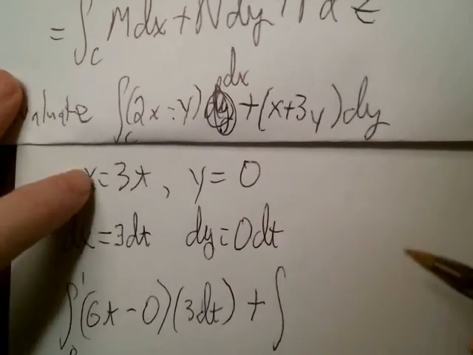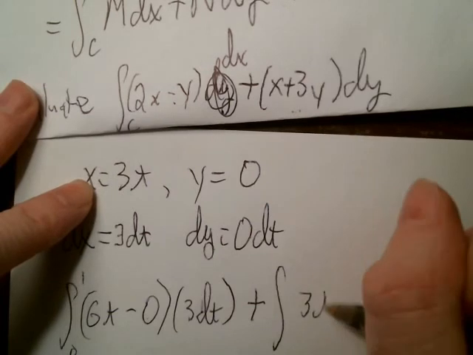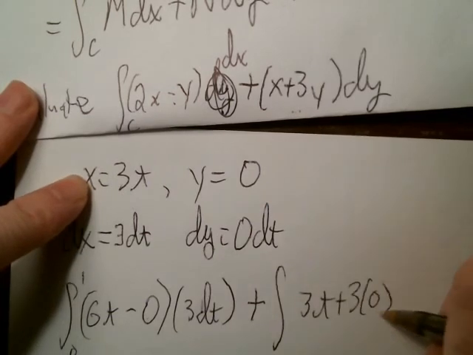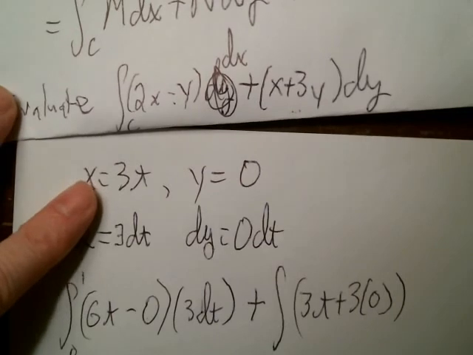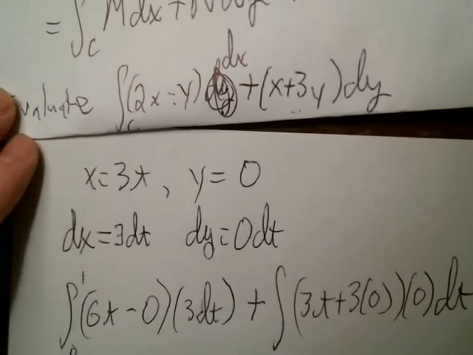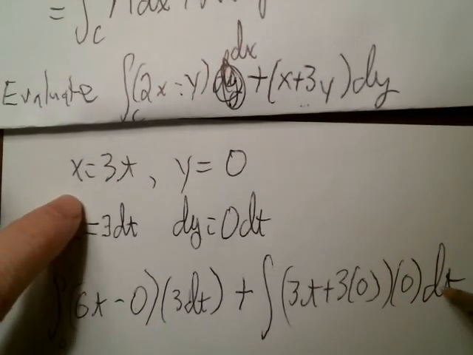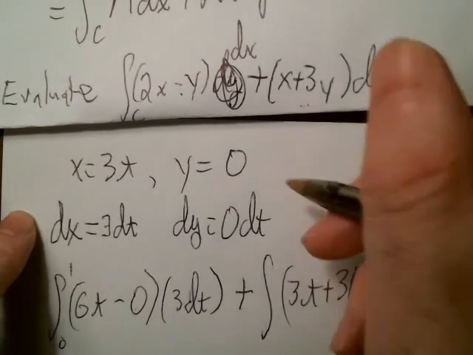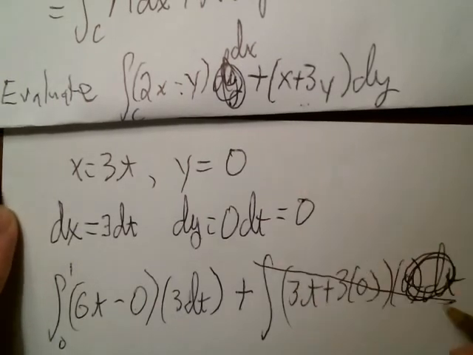Plus this other integral, so it'd be x, which is 3t, plus 3 times y, which is 0, times 0 dt. Okay. This thing is just going to cancel out to be 0. So the dy is equal to 0, and when you multiply this big 0 times all of this, this thing is just going to be 0.